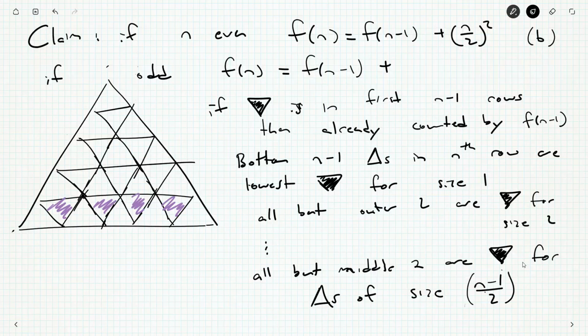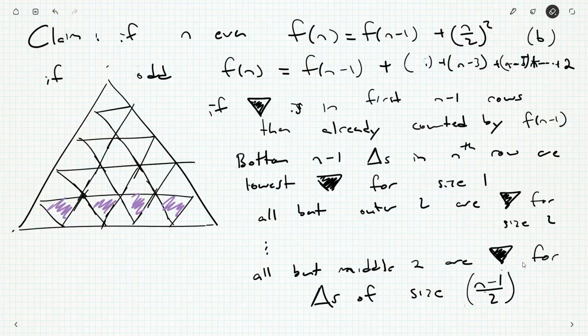So this is going to be 2 times 1 plus, well, no, how many triangles of size 1 are there? There's n minus 1 of them. How many triangles of size 2 do we now have? N minus 3 plus n minus 5 here, plus all the way down to 2 instead.